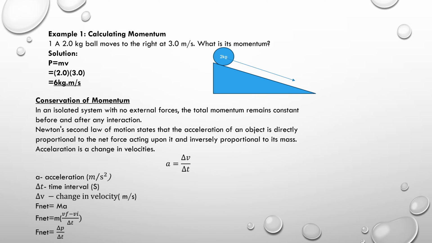Then we have Newton's second law of motion in terms of momentum. Newton's second law of motion states that the acceleration of an object is directly proportional to the net force acting upon it and inversely proportional to its mass.